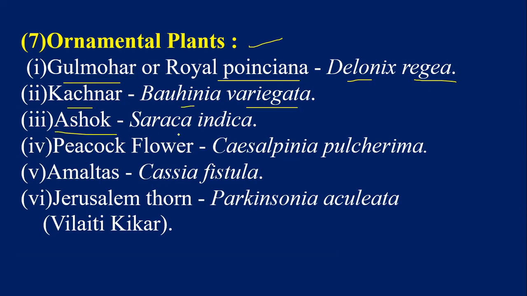Then Ashok, Saraca indica; peacock flower, Caesalpinia pulcherrima; Amaltas, Cassia fistula; Jerusalem thorn, Parkinsonia aculeata, commonly called Vilayati kikar. So these are the plants cultivated as ornamental plants.